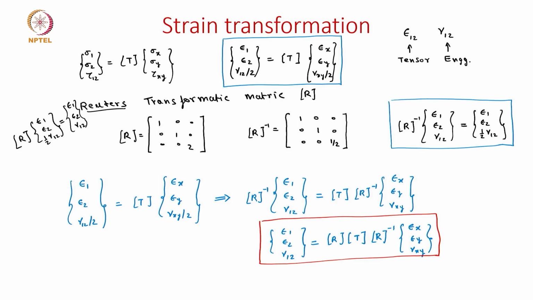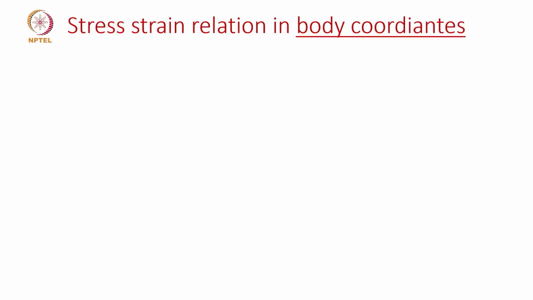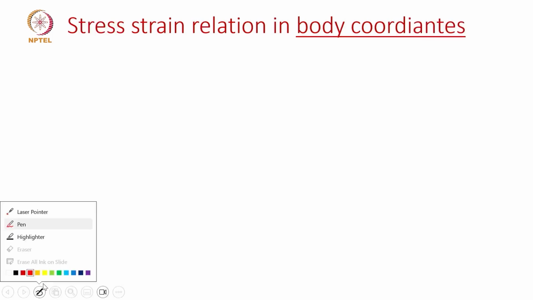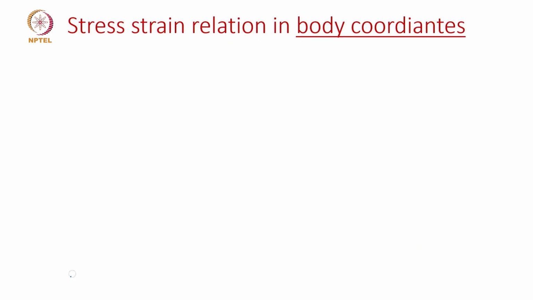So, we have looked at the transformations for the stresses and we have now looked at the transformation for the strain. Now, let us use this information to see what is the relation between the stresses and strains in the body coordinates. Before we start, let us bring in the important equations which we need. Since we are more interested in the body coordinates, but we start from the material coordinates, how do we write the stress strain relations?